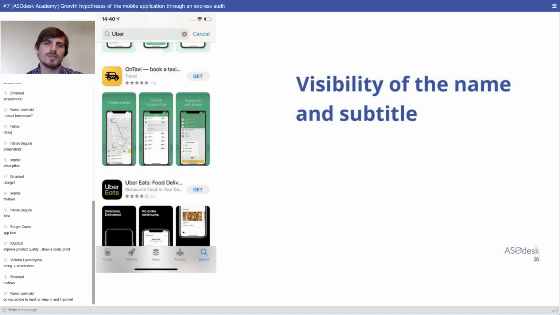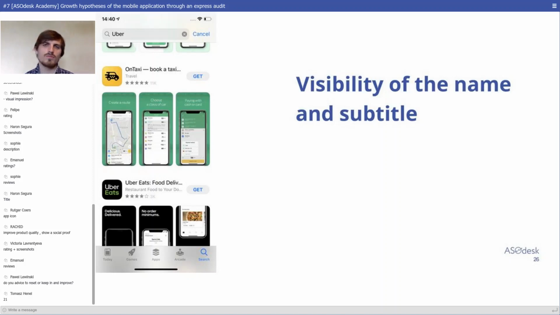Another good example is Uber Eats. Look at it. We see in the search results the most important things. We see Uber Eats, we see that this is about food, and this is delivery. So for us, it is clear that it's about food delivery. Because I'm sure that not all users know what Uber Eats is, especially those who are 40 plus or 50 plus.